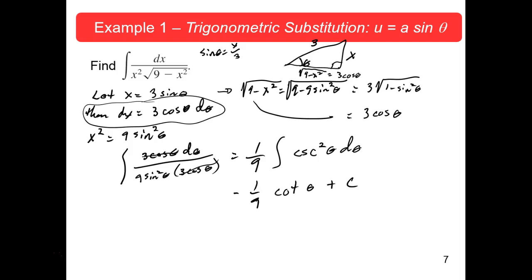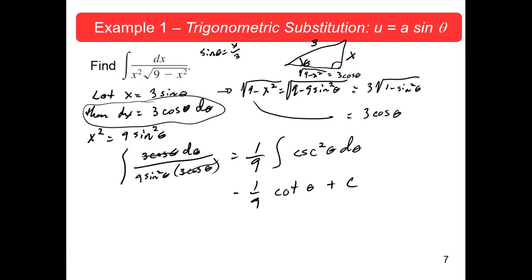What is cotangent theta? I don't want you having to go through, let's see, theta is equal to inverse sine of x over 3. No, let's please not do that. Let's use our little triangle there and see what cotangent theta is there.